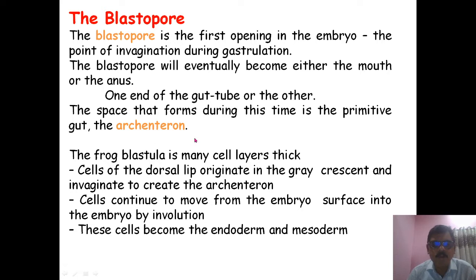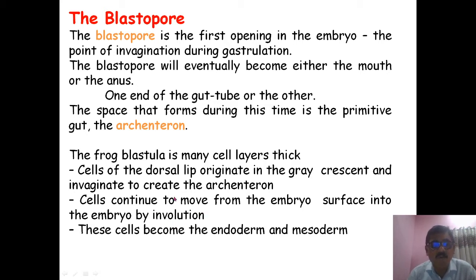The frog blastula is many cell layers thick. The cells of the dorsal lip originate in the gray crescent, just below the equatorial part, and invaginate to create the Archenteron cavity, also called the gastrocoel. The cells continue to move from the embryo surface into the embryo by the process of involution.